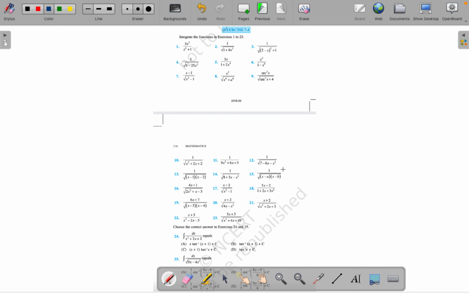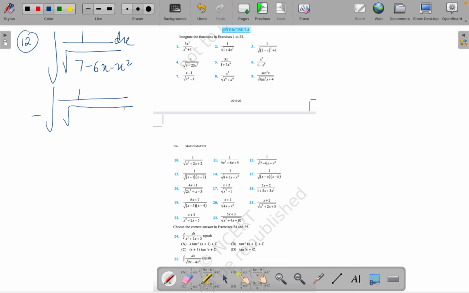Now, question number 12, a very, very important one, and I will show you the mistake which happens in this question, children. 99% of children make this mistake. Integration of 1 upon under root of 7 minus 6x minus x square dx. Now here, most of the children take the negative sign common and they convert this question like this.